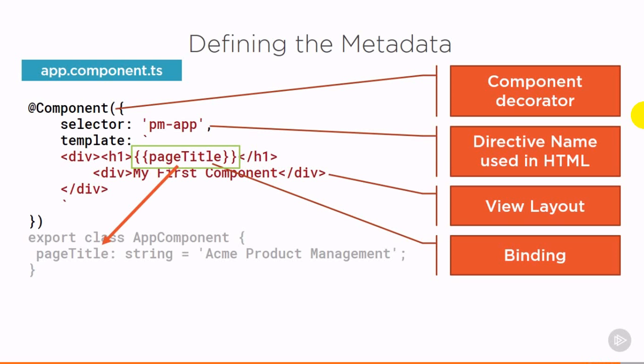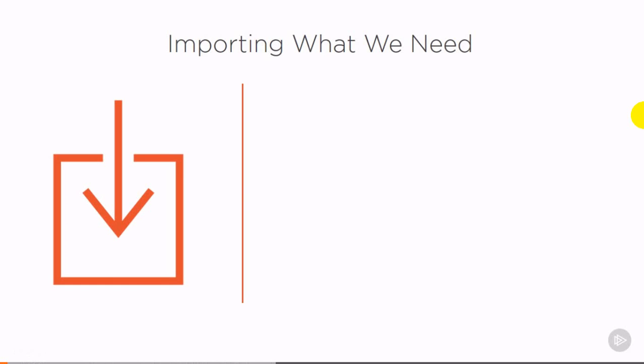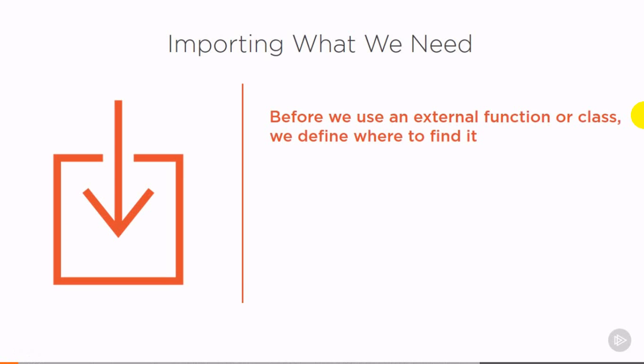There is one more key task before our component is complete: importing. Before we can use an external function or class, we need to tell the module loader where to find it. We do that with an import statement. The import statement is part of ES 2015 and implemented in TypeScript.